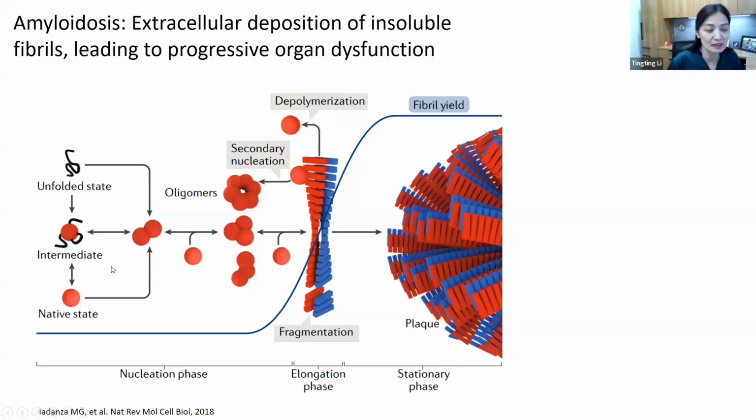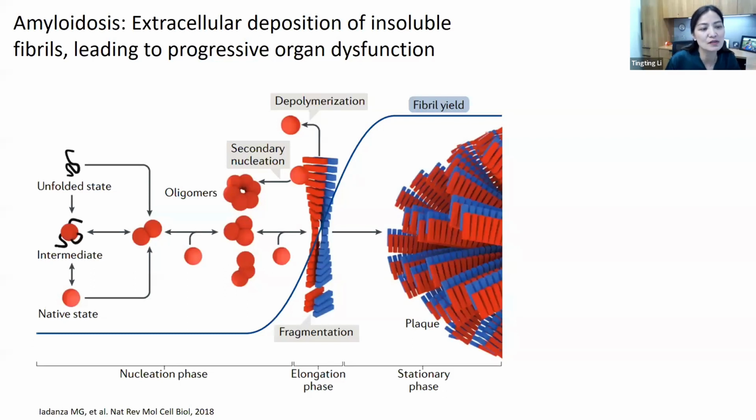The unfolded states and the intermediate states are fairly unstable, and they're prone to misfolding and self-aggregation. Now, when the right conditions are met, whatever those conditions are, it could be the type of genetic mutation leading to an unstable protein, or the local environment, such as the pH, the temperature, the degree of phosphorylation, the type of proteolytic cleavage, etc.